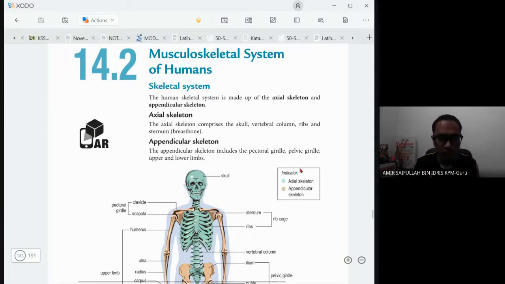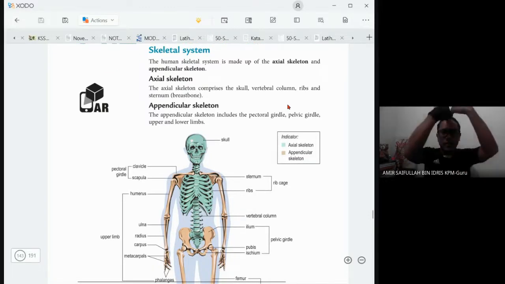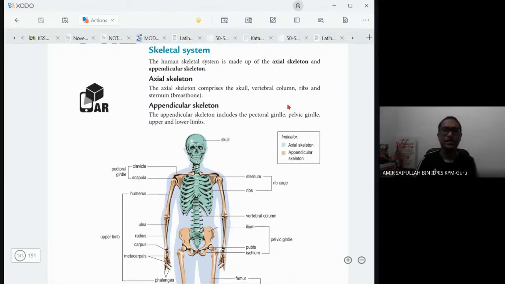Alright. So dekat sini, kita baca dulu. Later I will show a very simple diagram so you can see more clearly lah. Okay, skeletal system. So skeletal system is made up of two. Axial skeleton, appendicular skeleton. Apa benda axial? Axial ini ialah tengah, di tengah-tengah punya skeleton. So contoh kita ada 4. Our skull, tengkorak, our head, our kepala punya ni, our vertebral column.